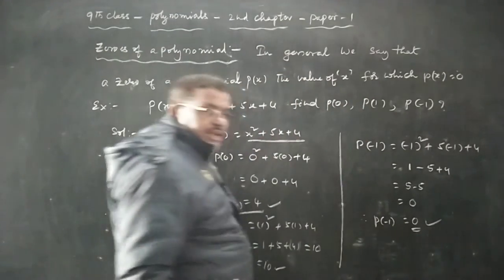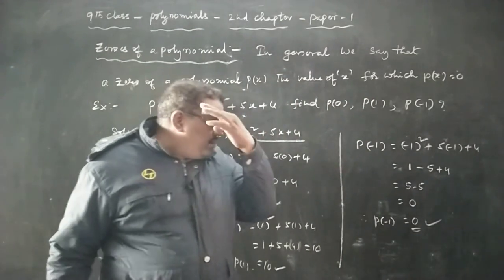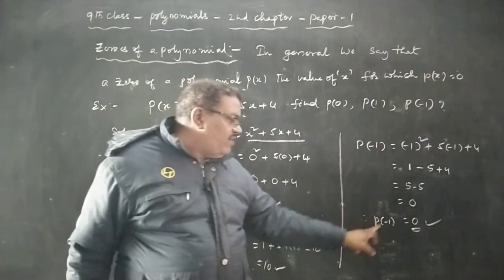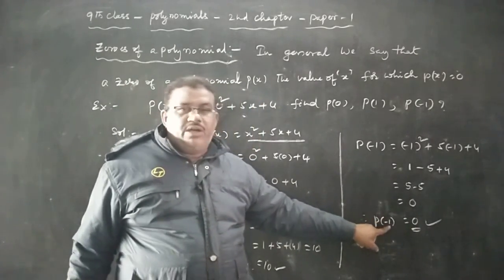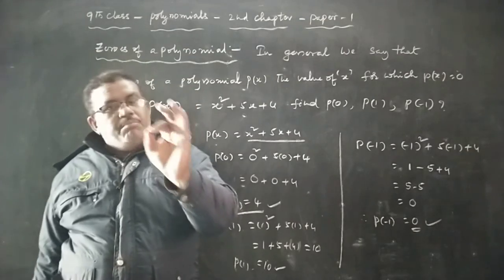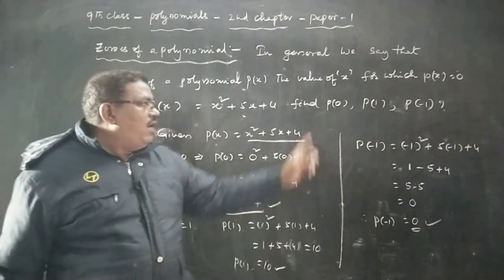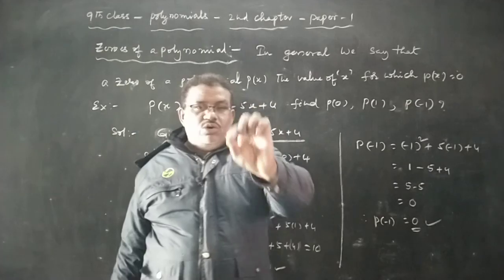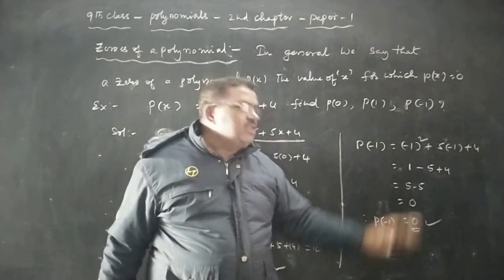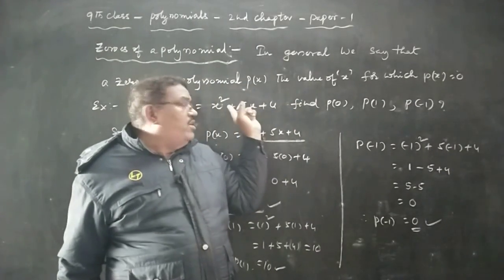So, for what value of x we get 0, this value is said to be zero of the given polynomial. So, out of the three values, minus 1 is one of the zeros of p of x. Other zero also there because it is a quadratic polynomial.